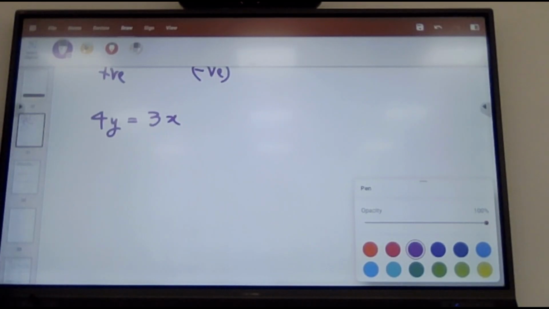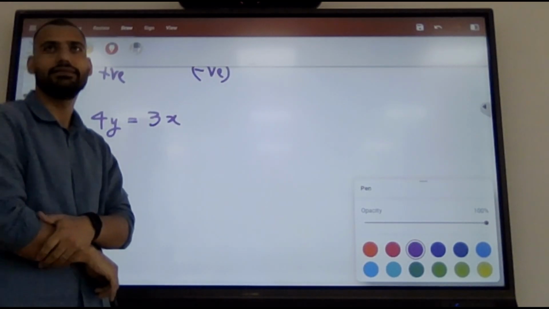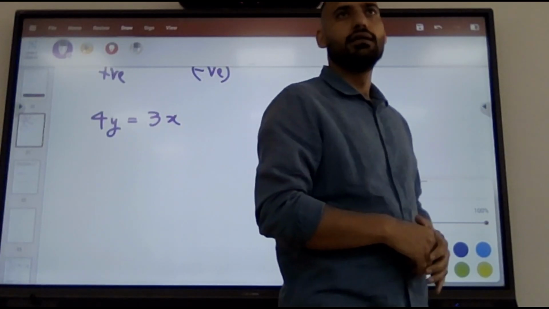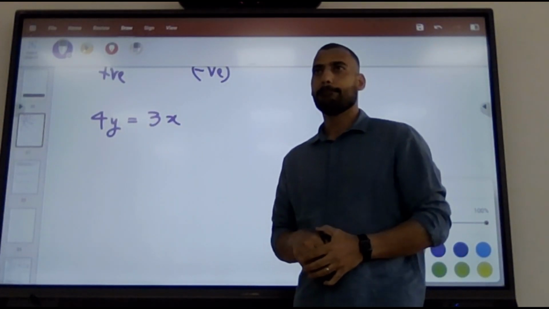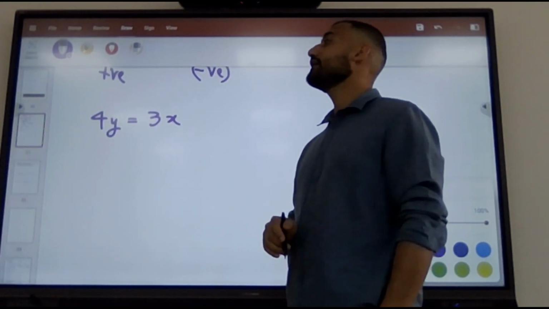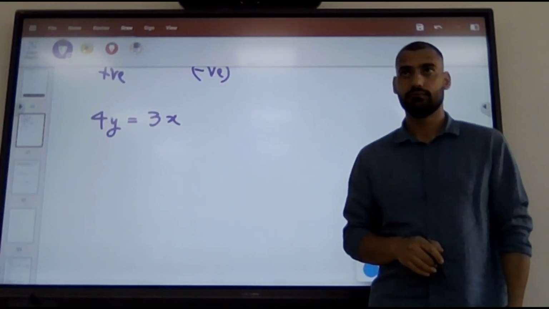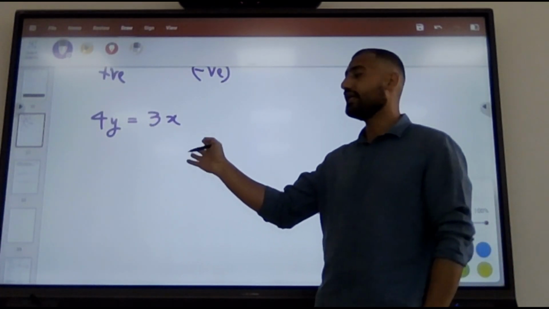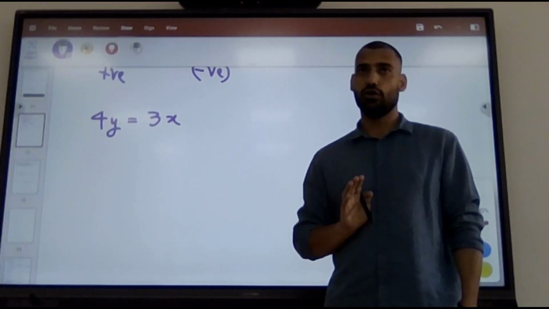Anyone? How do you plot this line? Yes, Khalifa. Starting from origin. And what will be its slope? Is there any intercept? No?